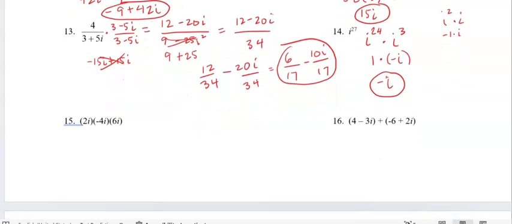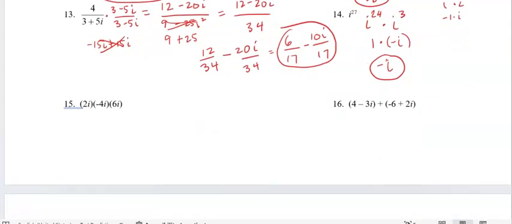All right, 15 is another multiplication, so just multiply the coefficients here. 2 times -4 times 6. -8 times 6 is -48. And then you could go ahead and do i times i, which is i squared, but that's -1. And -1 times i is -i.